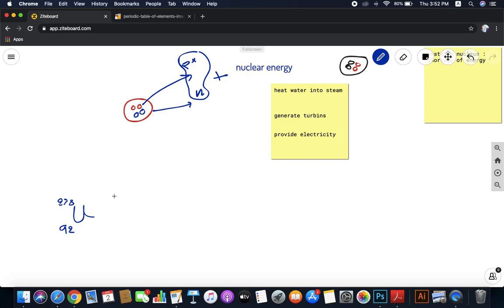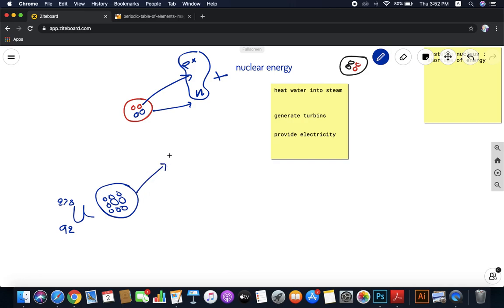Now, we have many atoms of uranium. Those atoms are not stable inside the nucleus. So it will release energy.